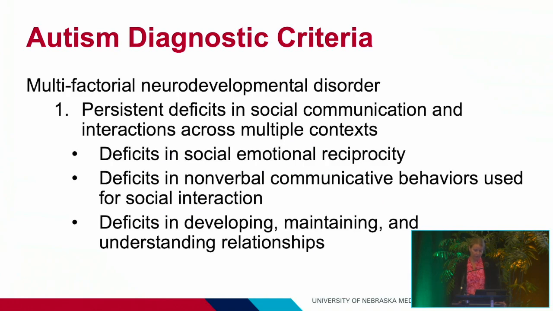Persistent deficits in social communication and social interaction must appear across multiple contexts, including social-emotional reciprocity, ranging from abnormal social approaches and failure of normal back-and-forth conversations to reduced sharing of interests, emotions, or affect. They also have deficits in nonverbal communication behaviors used for social interaction, ranging from poorly integrated verbal and nonverbal communication to abnormalities in eye contact and body language, or deficits in understanding and use of gestures.